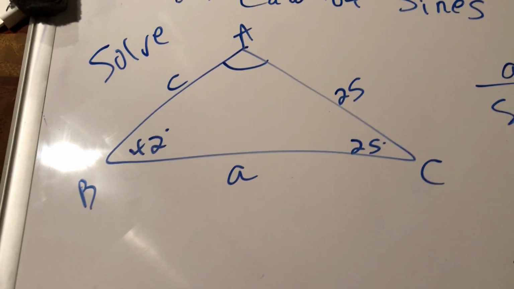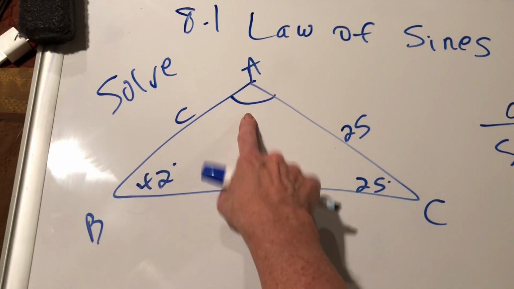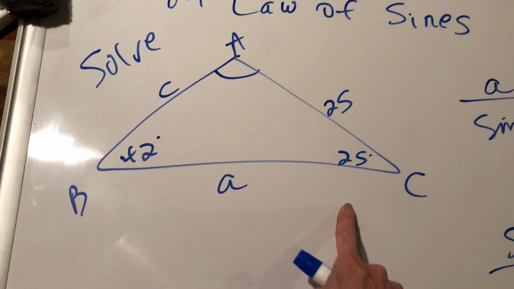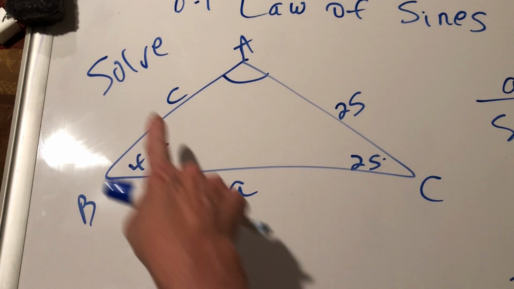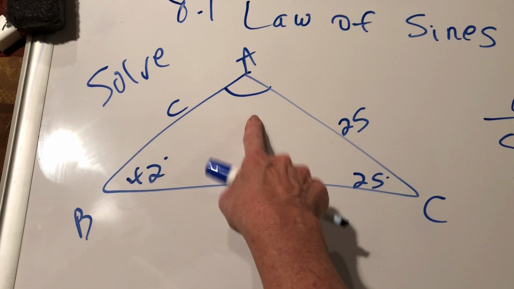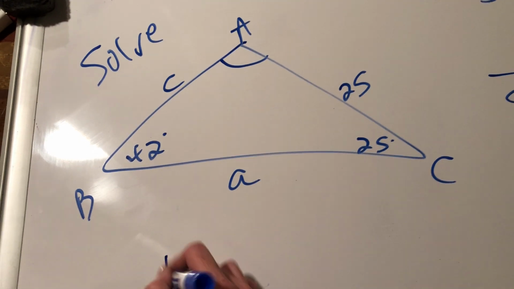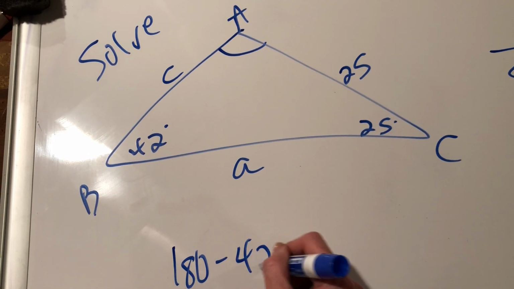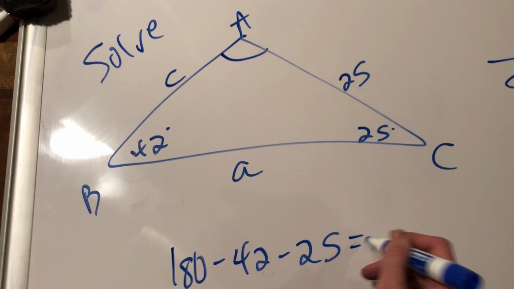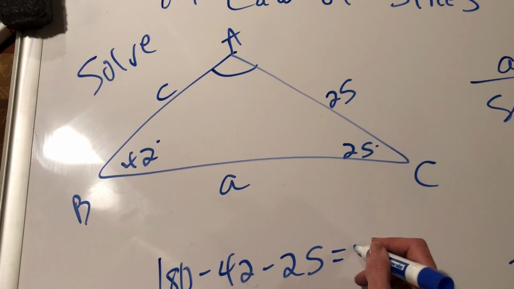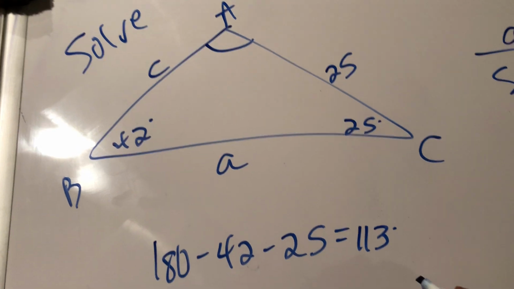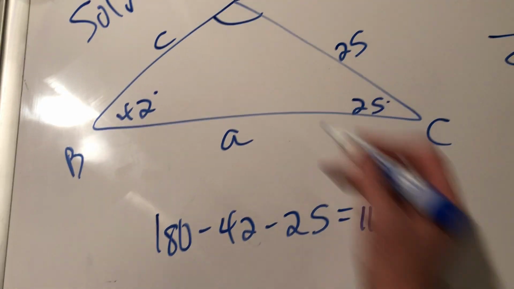So that means you want everything missing. You've got one angle that's missing, which should be very easy to find, and then two sides that are missing. So that angle right there that's missing, very easy to find. You just do 180 minus 42 minus 25. So that should come out to be 113. That's your angle A.